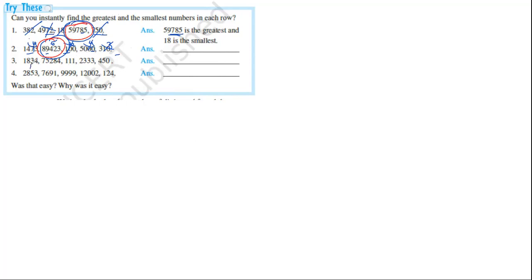It has 4-digit, 5-digit, 3-digit, 4-digit, 3-digit. Which one? This one, obviously. Now decide about this one: 4-digit, 4-digit, 4-digit, 5-digit, 3-digit. Was that easy? Why was it easy? Because we are counting the number of digits.